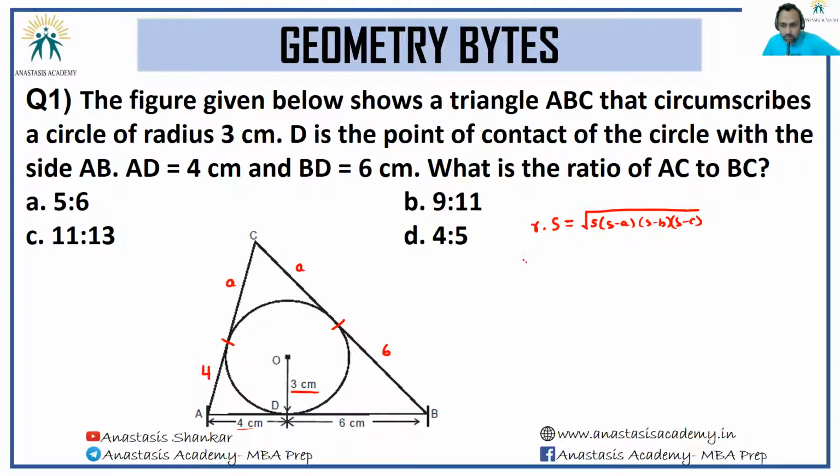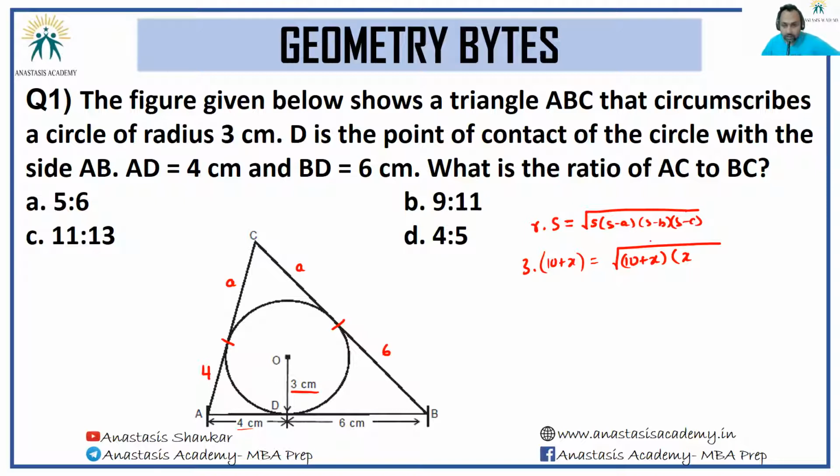So 3 into semi-perimeter, which here will be 10 plus x, is equal to under root of (10 plus x) into x.